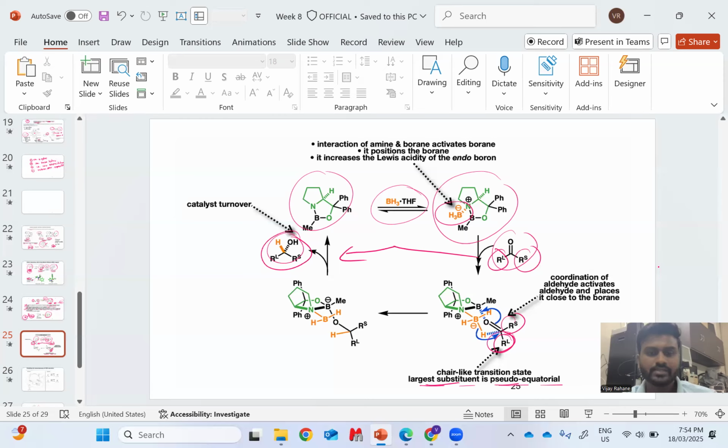This transition state gives enantioselective hydride transfer across the carbonyl compound. So that's the simple reaction mechanism, as discussed earlier, with this CBS-based catalyst.